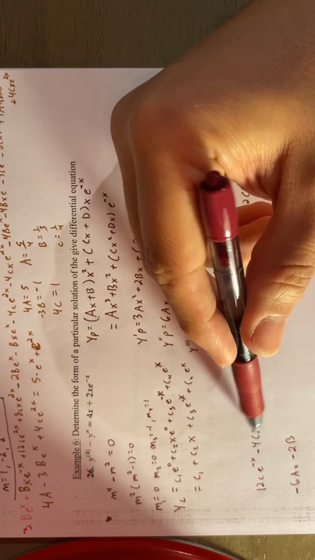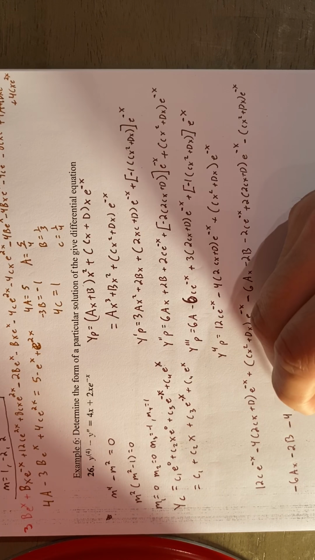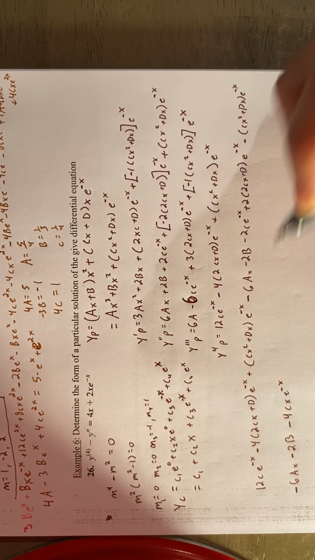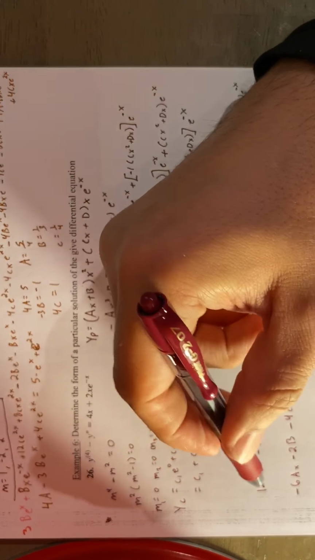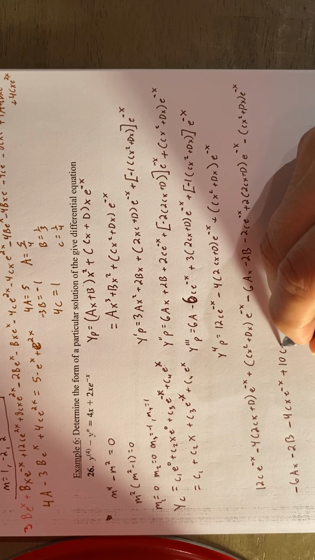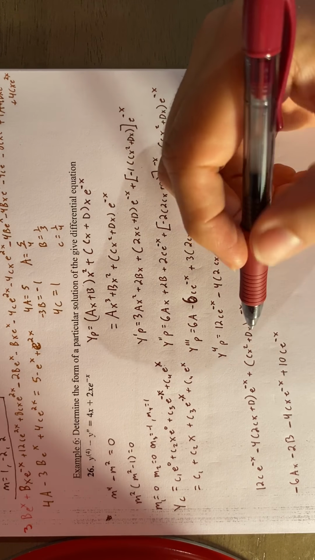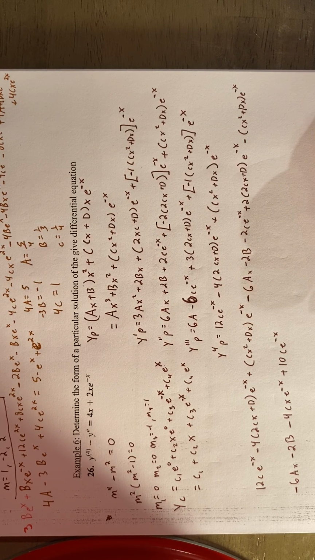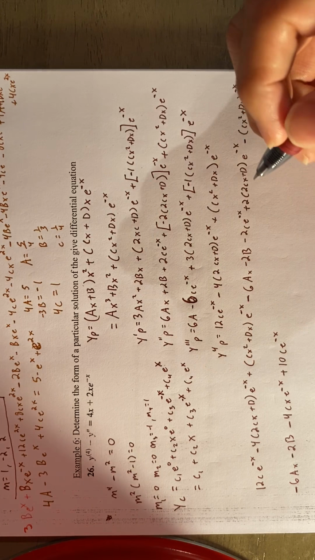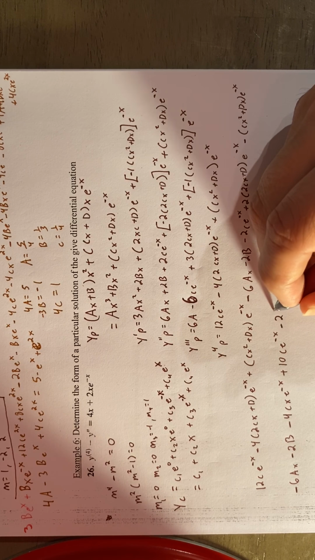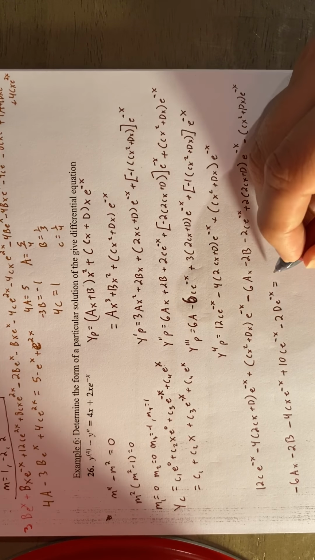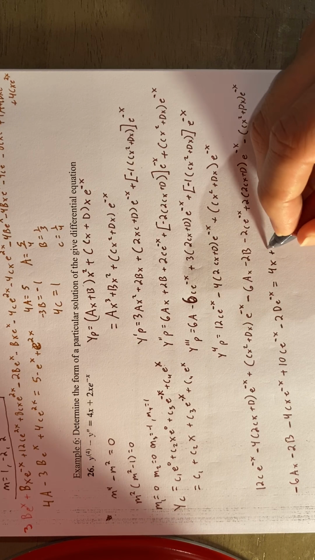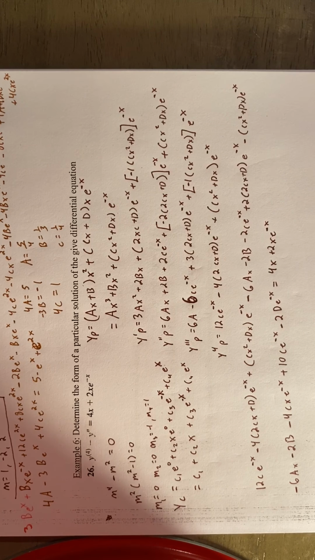Distribute the minus 2, it's going to be minus 4cx e to the negative x. This 12c e to the negative x minus 2 is going to be plus 10c e to the negative x. And the only thing left is going to be this minus 4d and that plus 2d. So that's going to end up being minus 2d e to the negative x. And that's all equal to 4x plus 2x e to the negative x.